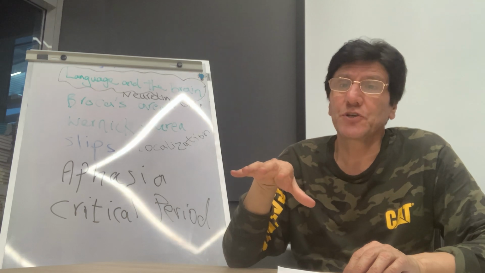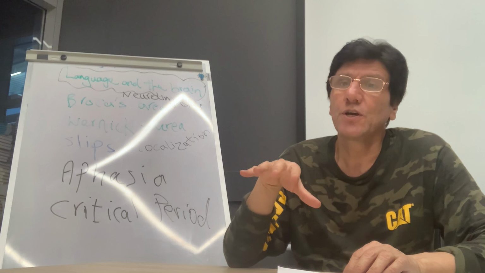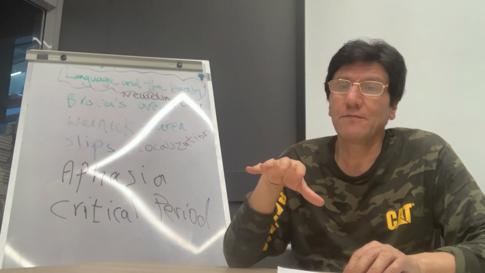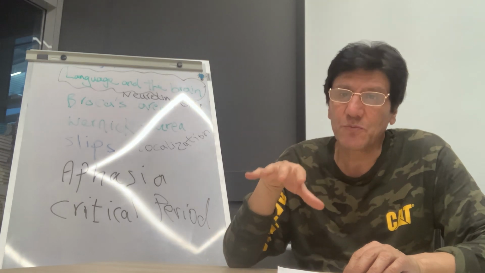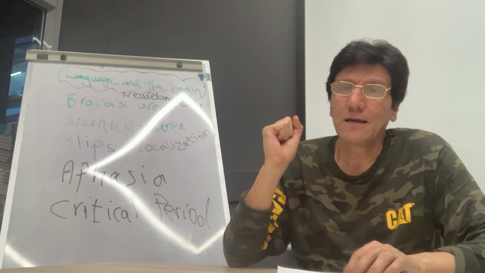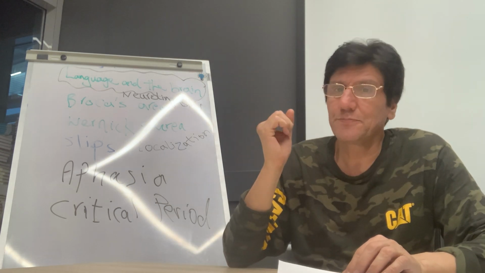So by definition, any difficulty, any problem related to the production of the language is a kind of slip, or any problem with the comprehension of the language is attributed as slip, S-L-I-P. There are different kinds of slips: slips of comprehension, slips of production, brain slips.